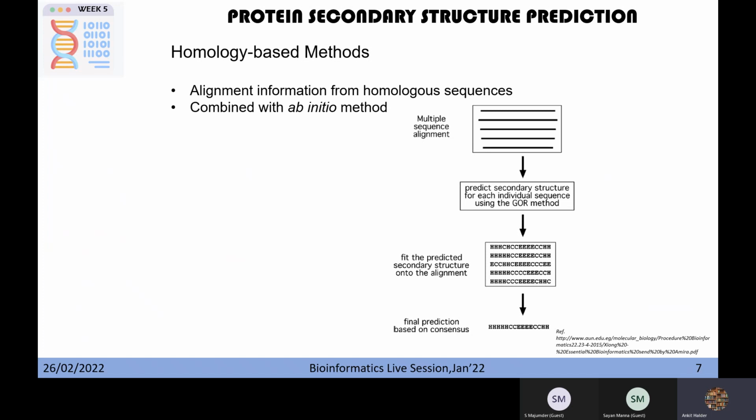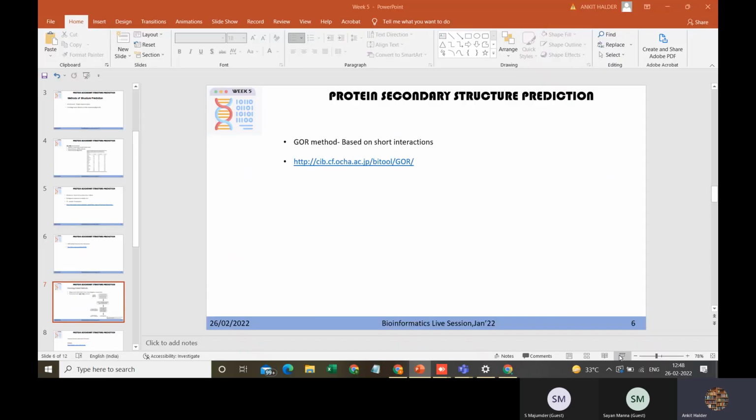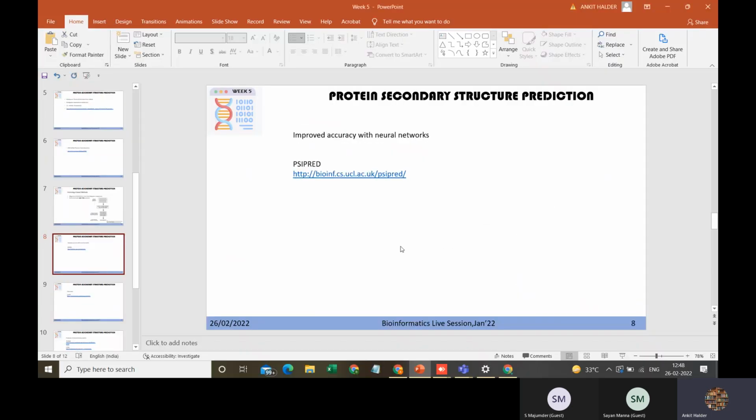Then it will fit the predicted secondary structure onto the alignment, and it goes another round of check where multiple sequence alignment is also performed, so that it takes into view the evolutionary information, and then finally the final prediction of the structure is done.